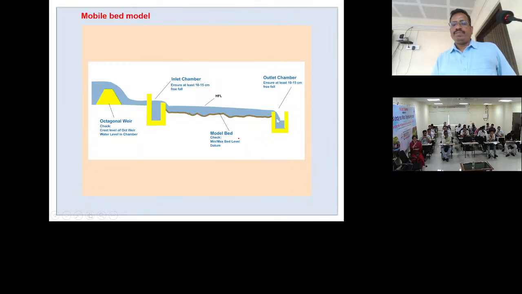The total model is constructed with a concrete bed, and on the left and right sides there is brickwork, and there are no leakages in the model. Whatever discharge comes at the upstream of the model goes to the downstream. Again here one Rebok weir is there, and we are calculating the discharge here also.